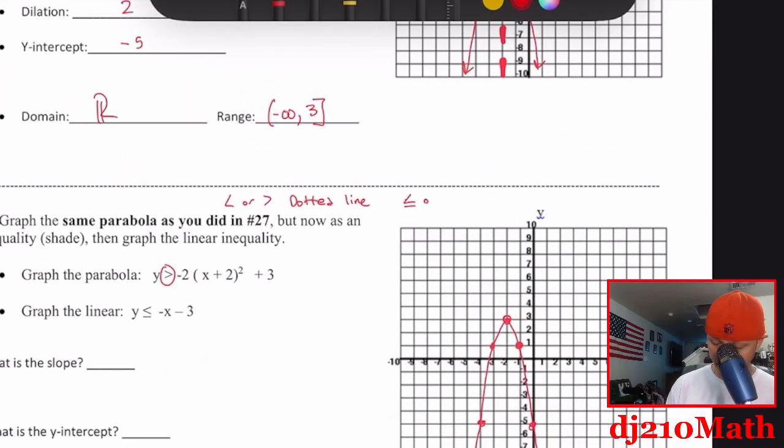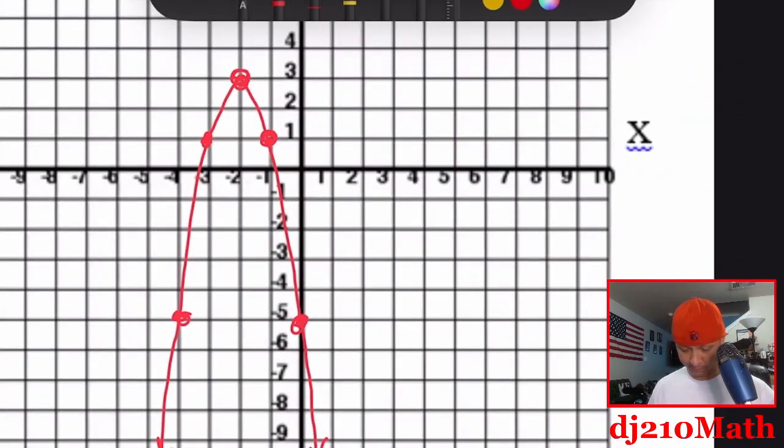So less than or equals, greater than or equals, solid line. So what do I need to do? I need to make this a dotted line. All right, I made it. There it is. It's dotted.